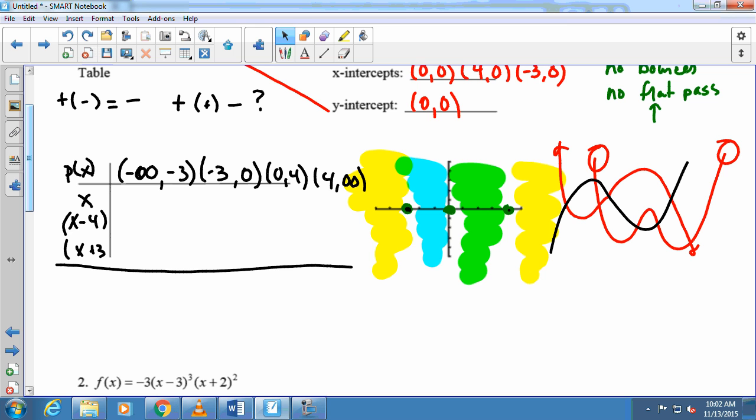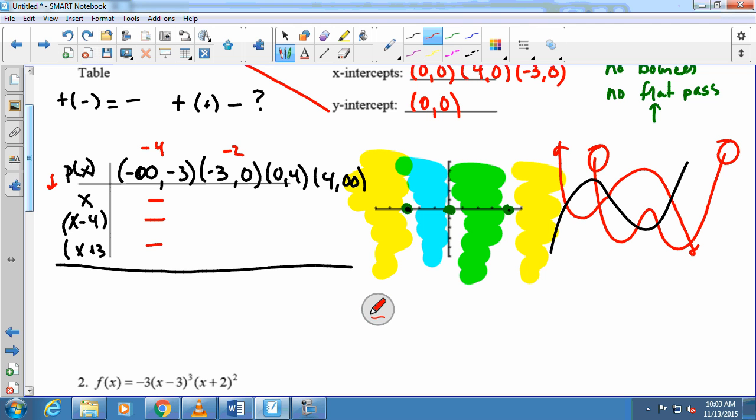Looking at my table, I pick any value in this region and I plug it into my x, which keeps it negative. I plug it into my next term, which keeps it negative, and my last term, which keeps it negative, which is a negative overall. I don't care what the values are, just the end result.